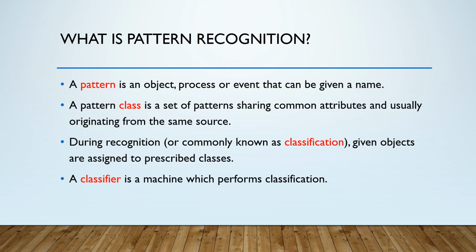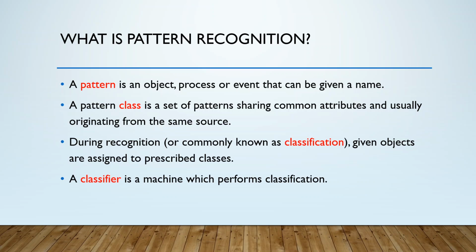While learning any subject, we need to know what the subject is all about. So, the first topic of this lecture is what is pattern recognition. A pattern is an object, process or event that can be given a name. A pattern class is a set of patterns sharing common attributes and usually originating from the same source.